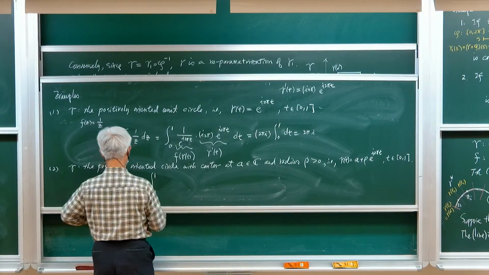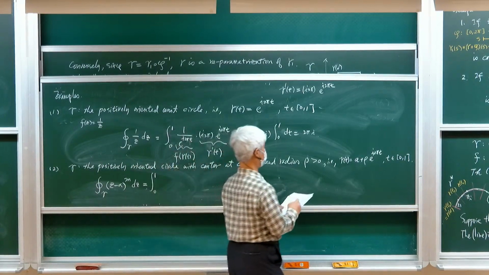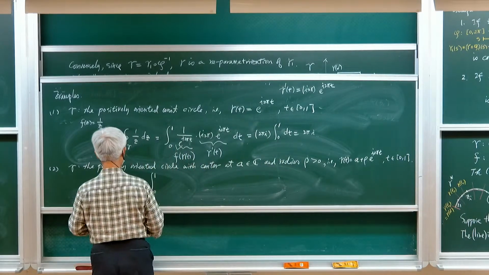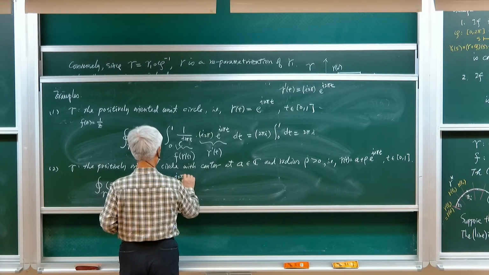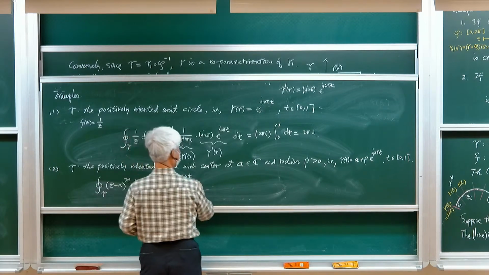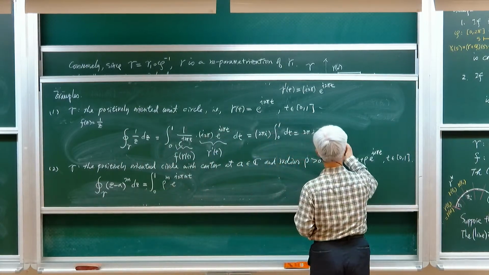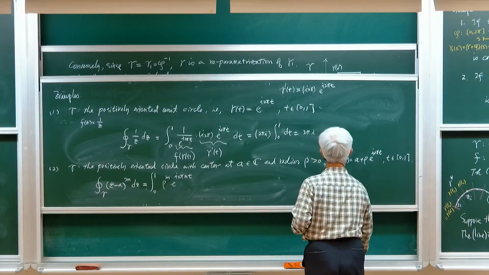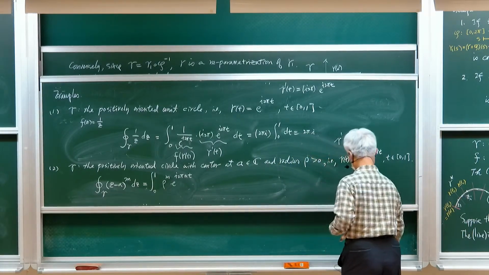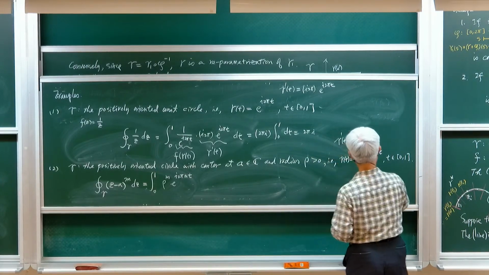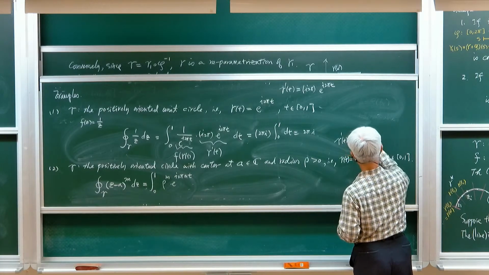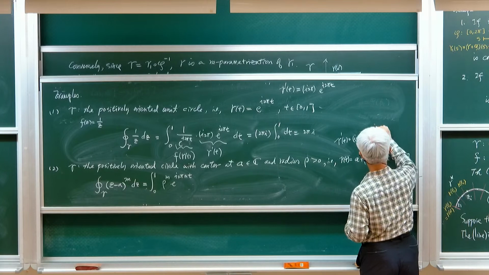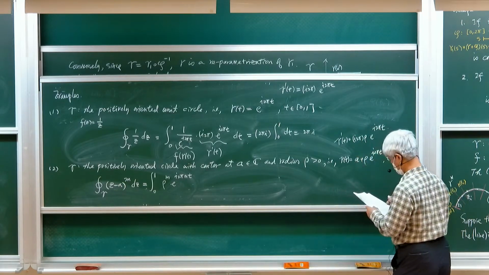So now z minus a becomes rho to the m and e^(i 2 pi m t). And now the derivative is equal to i 2 pi rho e^(i 2 pi t).